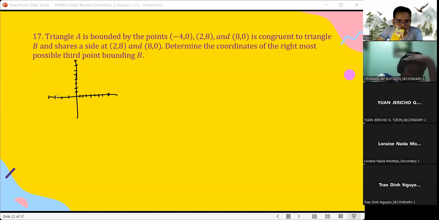So this is 8, 0, this is negative 4, 0, and this is 2, 8.